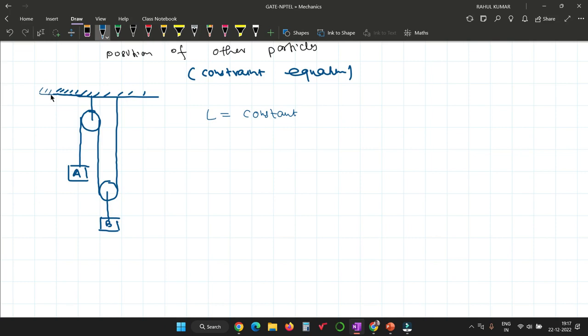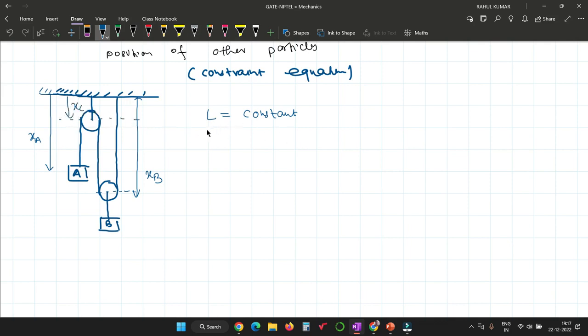Now I want to see the relative position between A and B. Suppose the absolute position of block A is XA, and the absolute position of this pulley is XB, and suppose this length is XC.